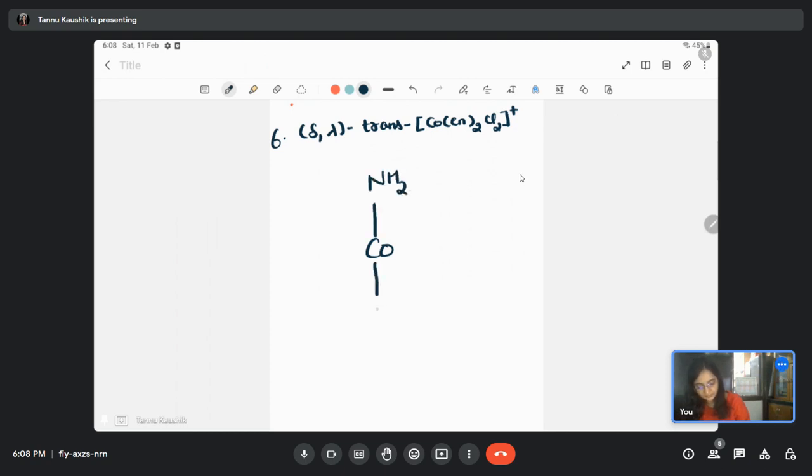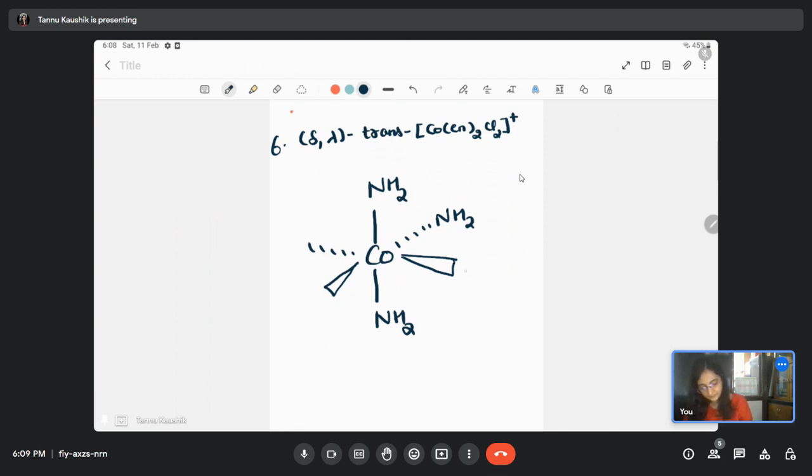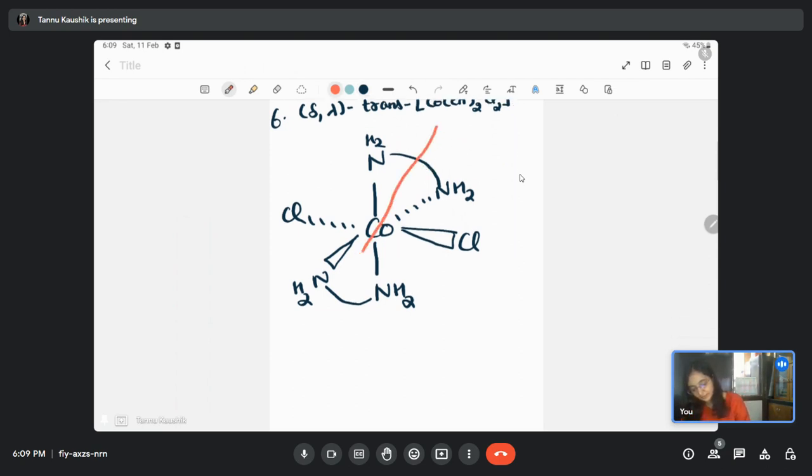So the geometry for this molecule is, so here we can see a C2 axis of rotation present like this.